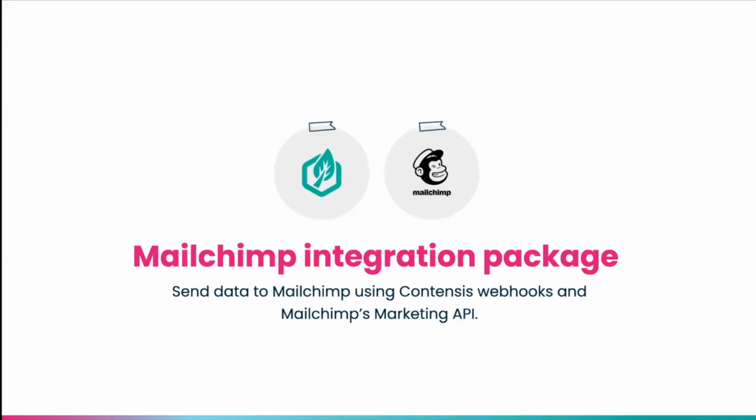Because Emma was no longer creating these segments and uploading CSVs to Mailchimp in the way she was before, she didn't really have a list of people who'd attended specific webinars within Mailchimp itself.